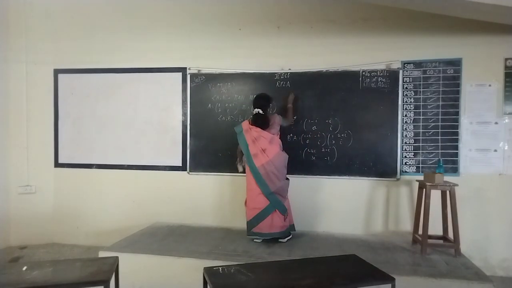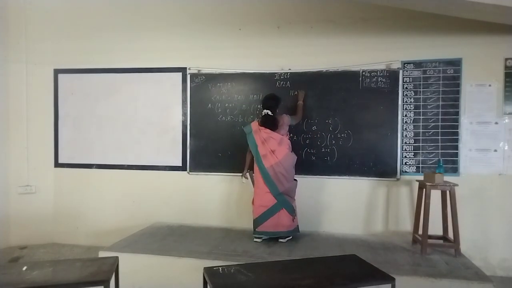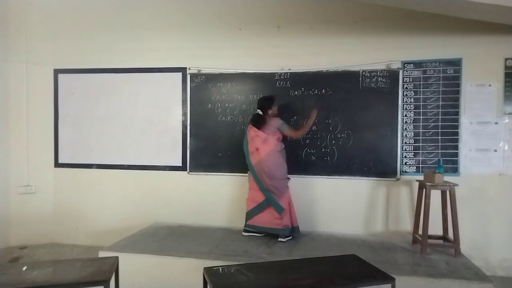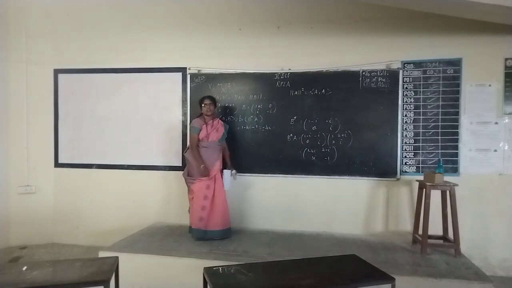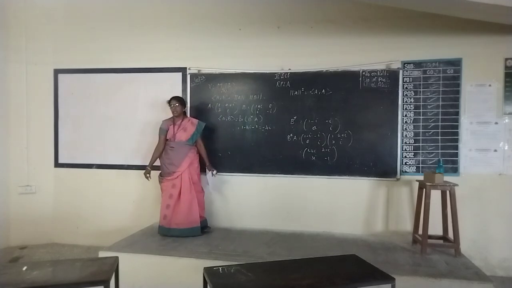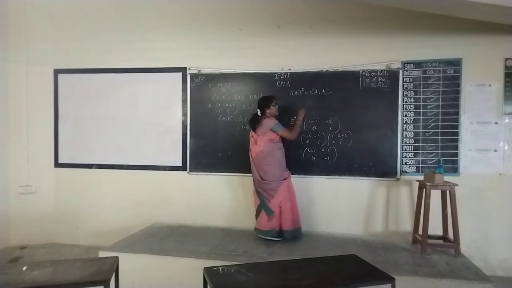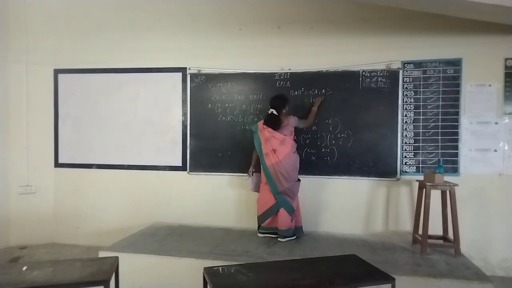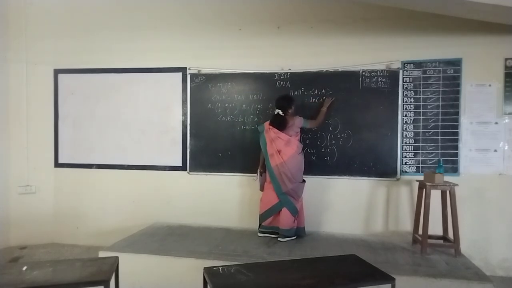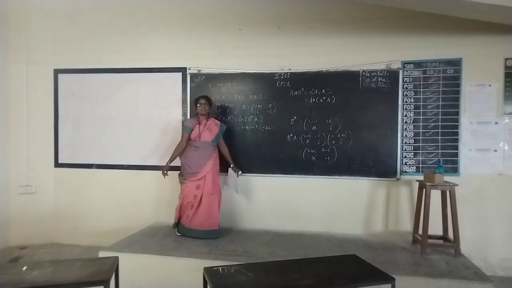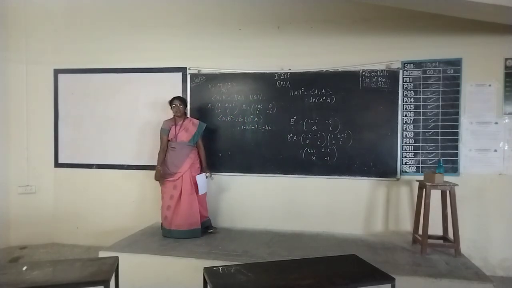Norm of A square is equal to inner product of A comma A. But what is inner product of A comma A? Trace of A star A. So now we have to find A star into A.